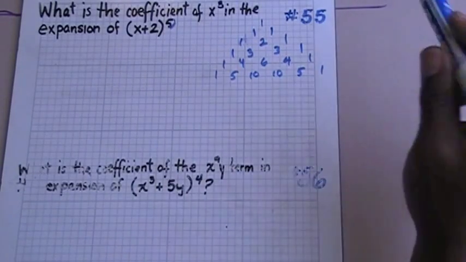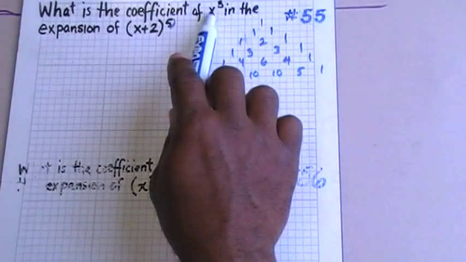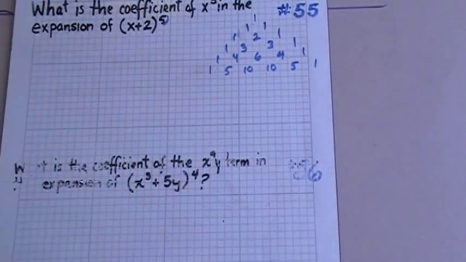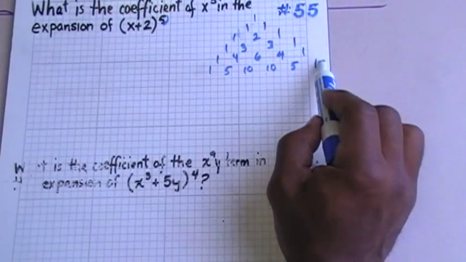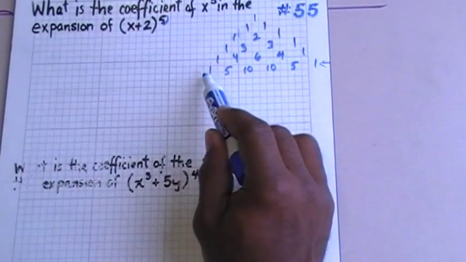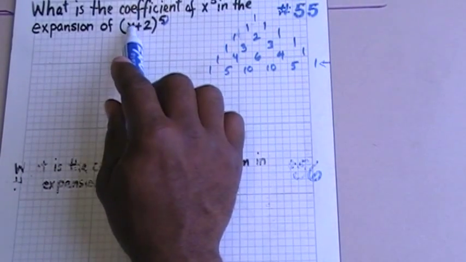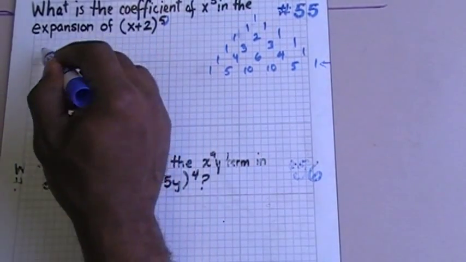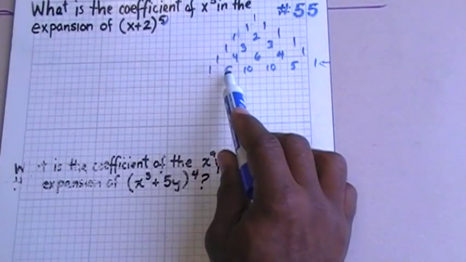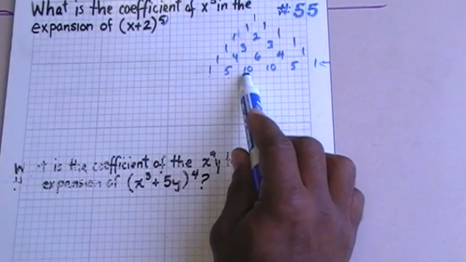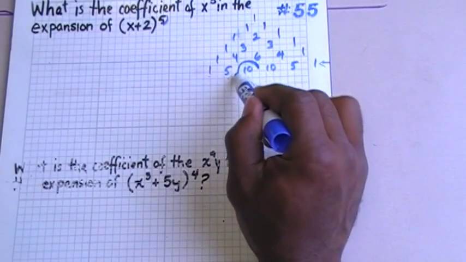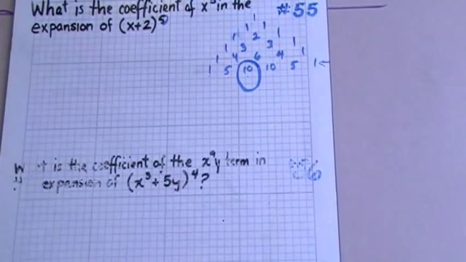So it says, what is the coefficient of the x cubed term? If you think about the 5th degree, since x is the first term, we usually go x to the 5th, x to the 4th, x to the 3rd. So it's going to be this term right here.